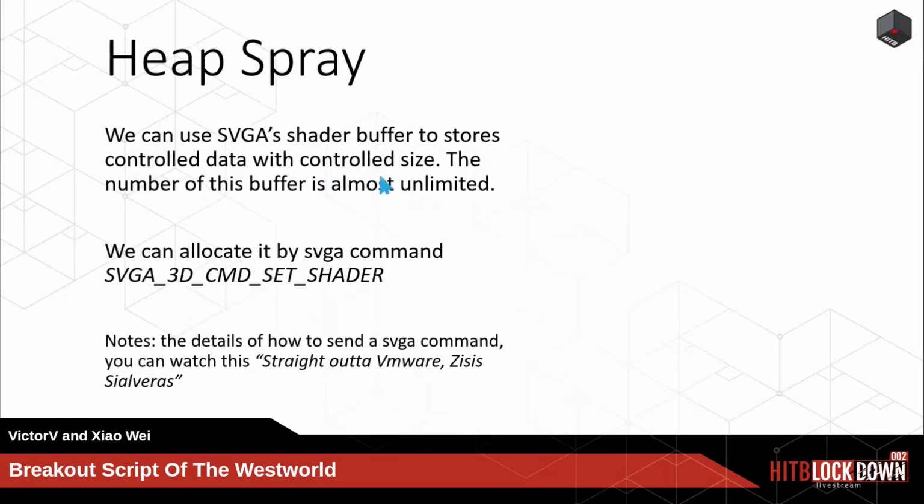We can decide its content and size, and we can release it at any time. However, we can't change its content after the memory is allocated. For the details of sending an SVJ command, you can watch this presentation. They did great work explaining the details, so we don't need to cover it now.